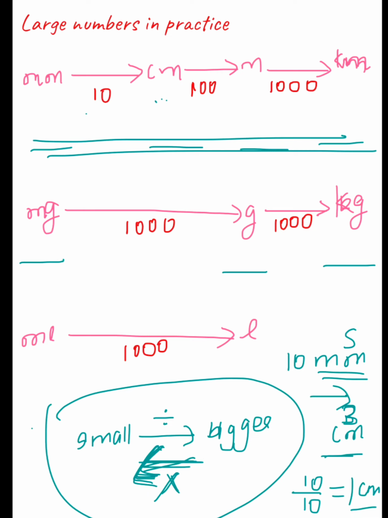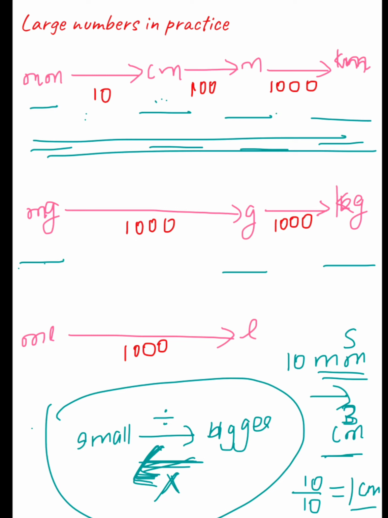This conversion you will understand when we take certain examples. You will understand it very easily. So you have to keep in mind that whenever you are converting a smaller to bigger quantity, you need to divide, and when you are converting a bigger to smaller quantity, you need to multiply. Millimeter is the smallest, then centimeter, meter, kilometer, with 10, 100, 1000.